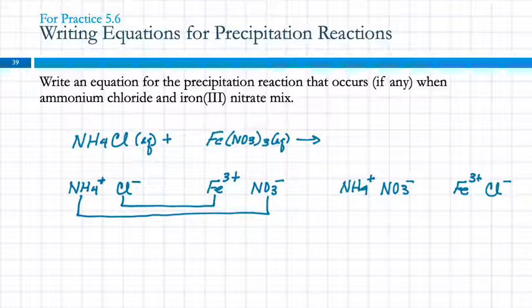Iron isn't one of them. So is this soluble or insoluble? It's soluble. Both of these compounds are soluble. So then this is an NR, no reaction. Physical mixing, physical change, but no chemical reaction. Any questions?